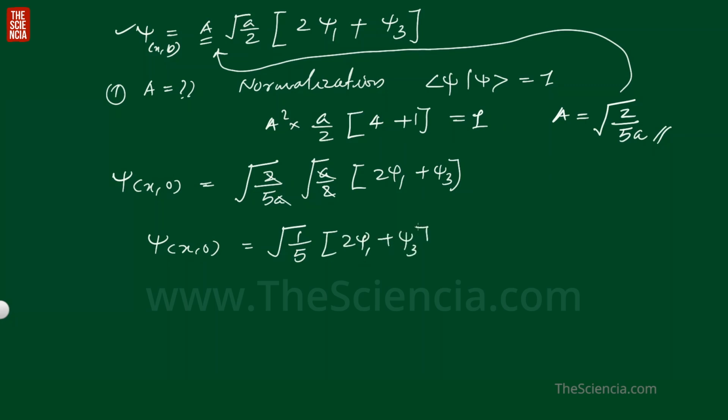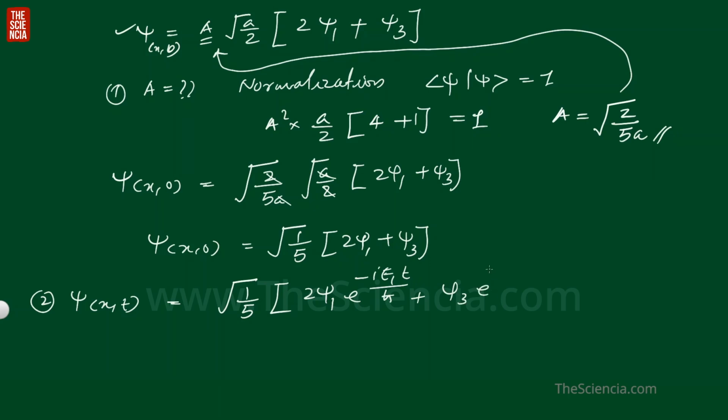Now the second question is to find out the time evolution of the wave function. That is, we have to find out the wave function at time t. That is root 1 by 5 into 2 psi 1 e raised to minus i E1 t by h cross plus psi 3 e raised to minus i E3 t by h cross.